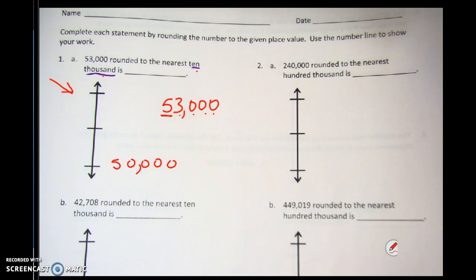What's the next 10,000? 60,000. Good. Halfway between, I'm going to go over to the next place value, which is the thousands. And I know that that's going to be a 5. So it's going to be 55,000. So it's going 50, 55, 60.